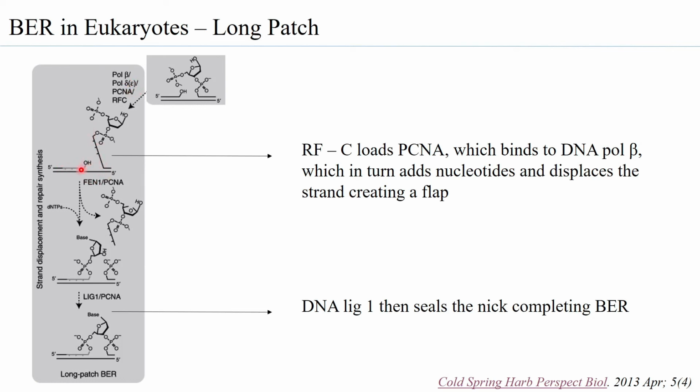So you can see it has what is called the strand displacement activity. Therefore, since it has displaced the existing strand, this forms a flap. And when there is a formation of a flap, the PCNA is able to interact with FEN1, which is an endonuclease, and that FEN1 is able to remove the flap, right?